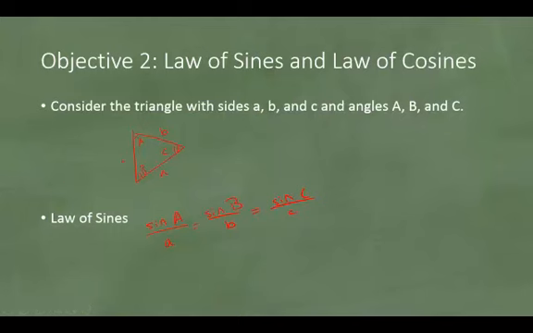And these are just ratios, so it doesn't matter how you write this. You can say b over sine of B has to equal whatever you want, a over sine of A. And we're going to use that property to solve lots of different triangles and vector problems.